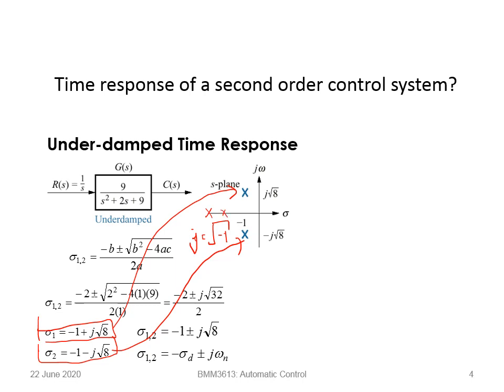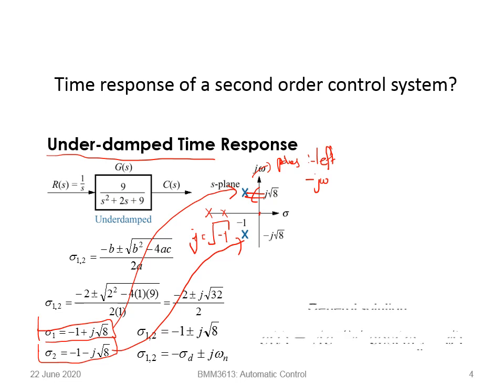But now, the poles in the underdamped time response are still both on the left hand side of the sigma axis, but they are not on the sigma axis. They have a j omega component, right? So what is the difference in terms of time response?